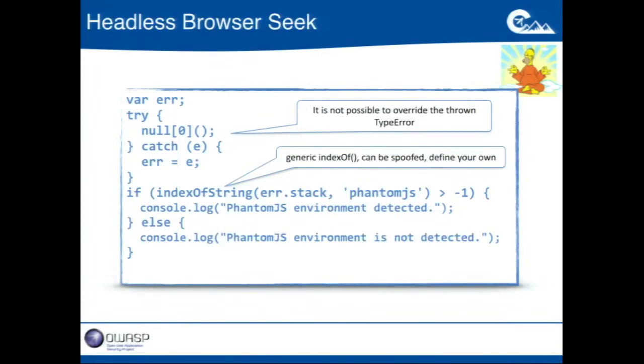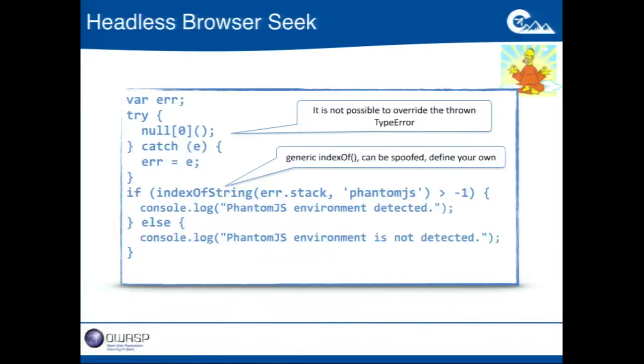We'll get to that catch clause. By that, we can look at the error's stack later and see if it contains PhantomJS, then probably it's either Phantom or Slimer or any other PhantomJS-based user agent. And it turns out that it's quite difficult to spoof the stack trace. So what can we do?